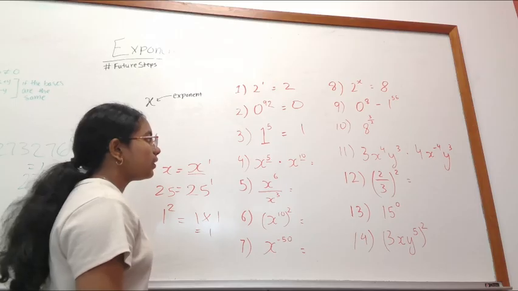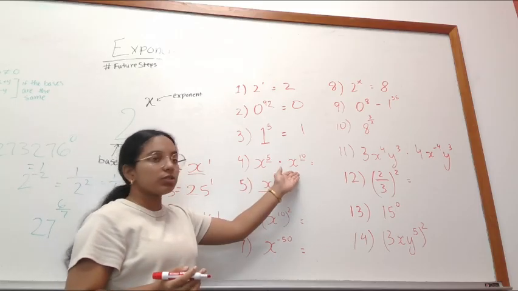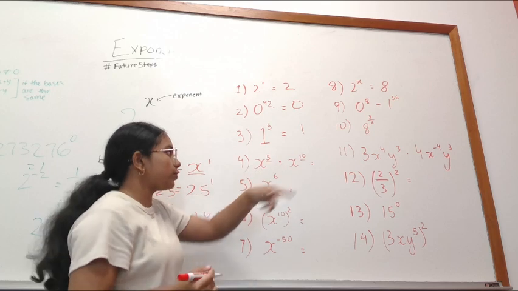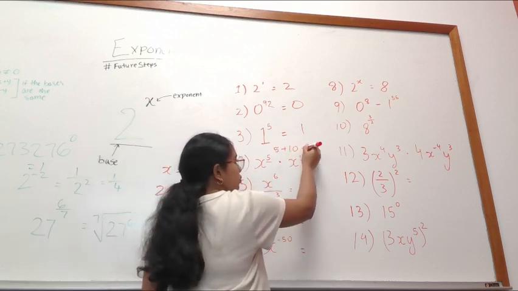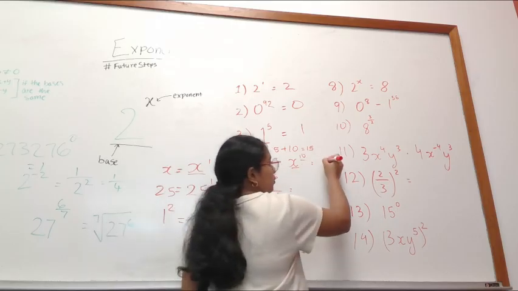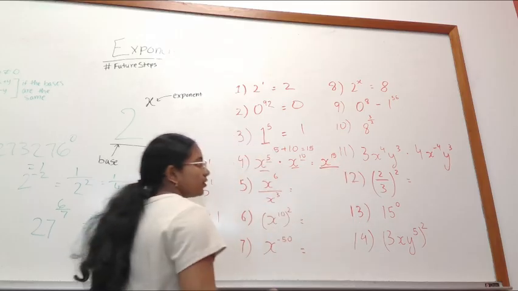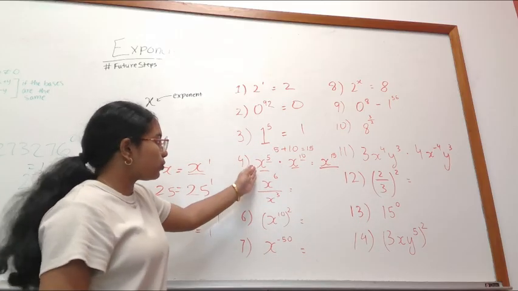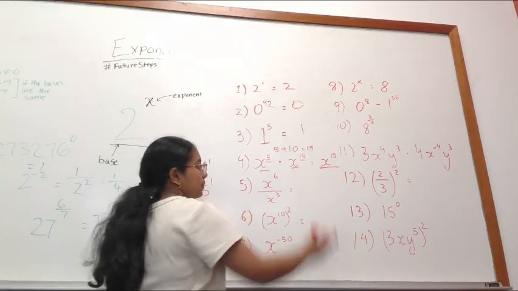And what is the rule about multiplying two exponents together? You just add them. So in this case, it's 5 plus 10, which is 15, and you keep the same base, x, so x to the power of 15. That's your answer. x could be any number, and it's just going to be the same thing.